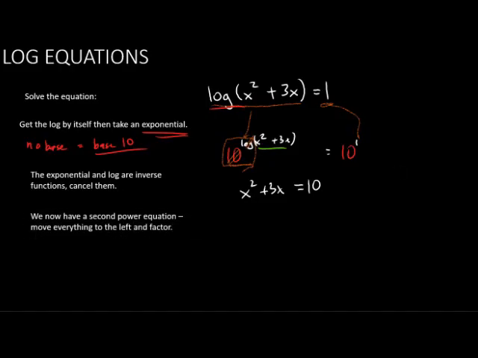We're going to subtract 10 from both sides now. If we subtract, we'll end up with 0 on the right, and on the left we'll have x squared plus 3x minus 10. We can then factor this. Let's think of two numbers that multiply to negative 10. We could try negative 5 and positive 2.